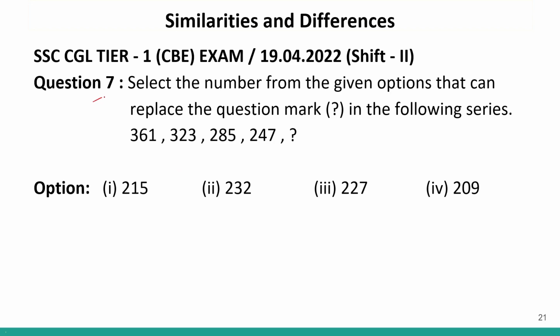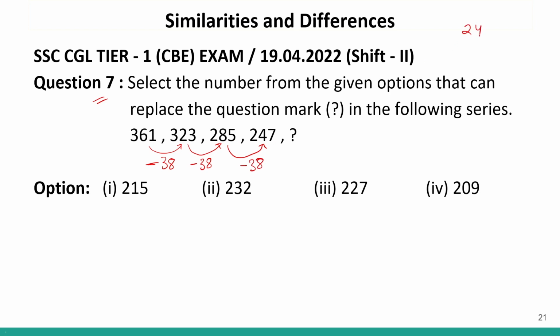Now, question number 7. Here I can see something is reduced. Here also something is reduced. Here also something is reduced. So we have to find out what is reduced. So if I reduce 38 from 361, I'll get 323. Similarly, if I reduce 38 from here, I'll get 285. 38 again, I'll get 247.